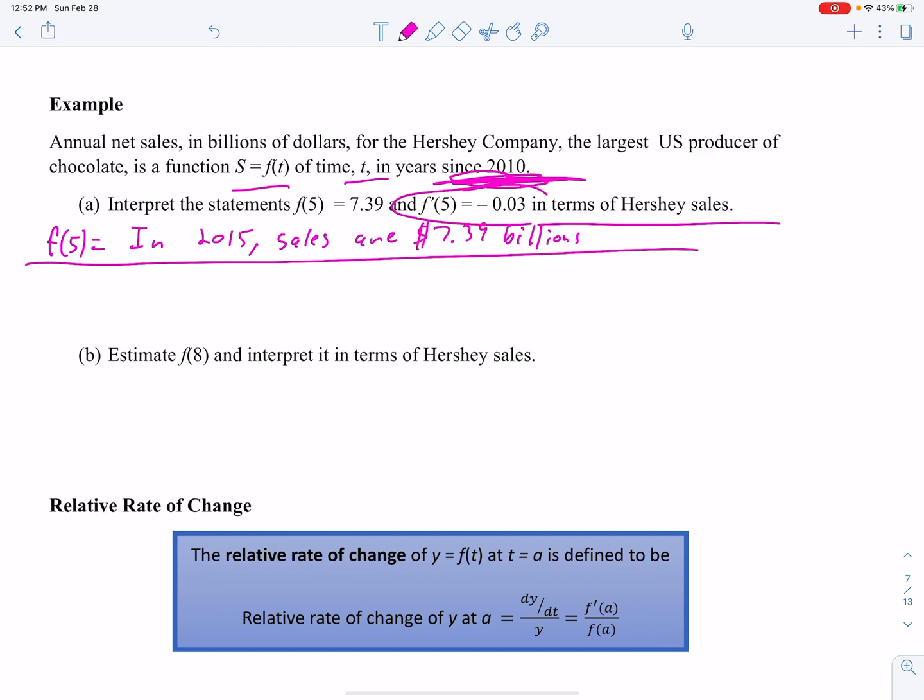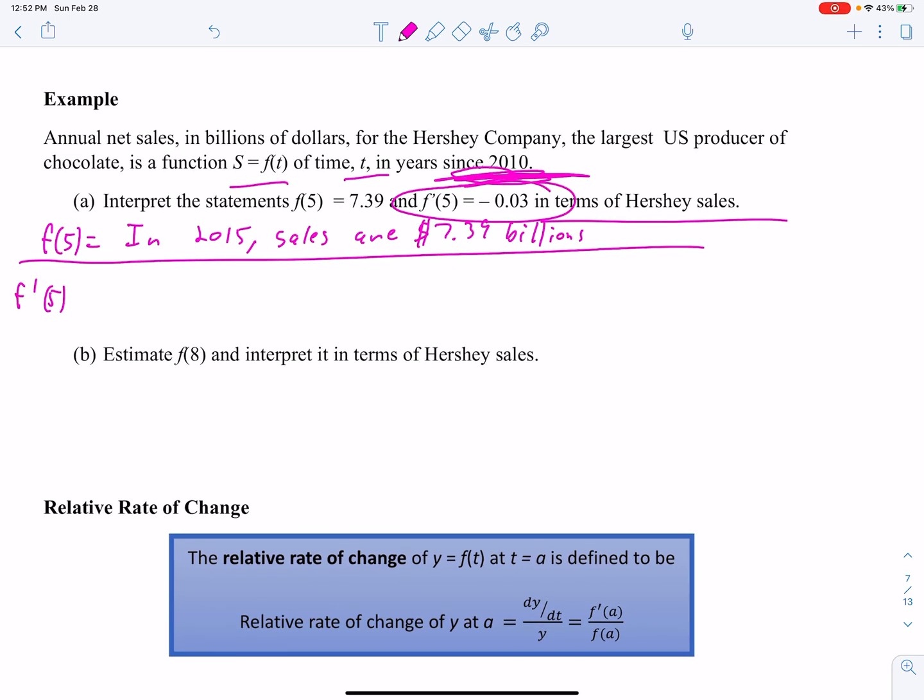And then the next one, f prime of 5. The derivative of the function at t equals 5 is negative 0.03.